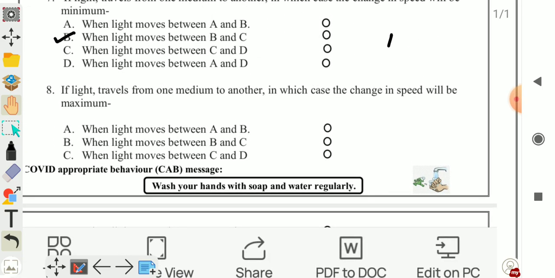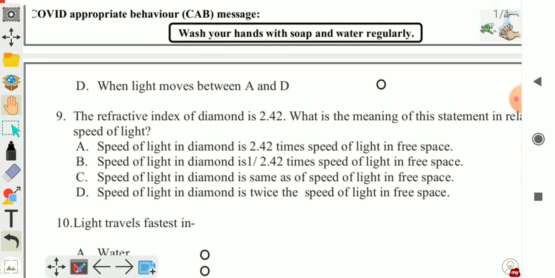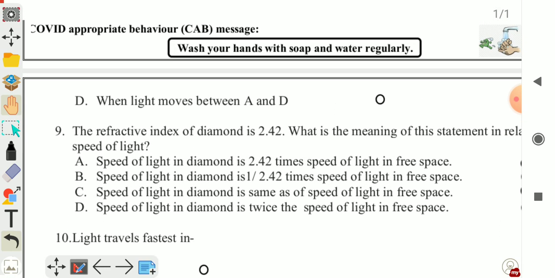A, when light moves A to B. B, when light moves B to C. C, when light moves C to D, and D is given as when light moves A to D. So the correct answer will be D, when light moves A to D. So question number 8, the correct answer will be D, when light moves between A to D, क्योंकि A to D में difference of refractive index is maximum.